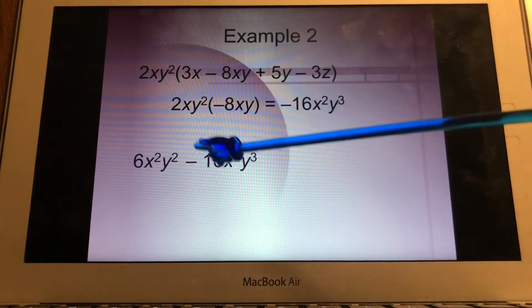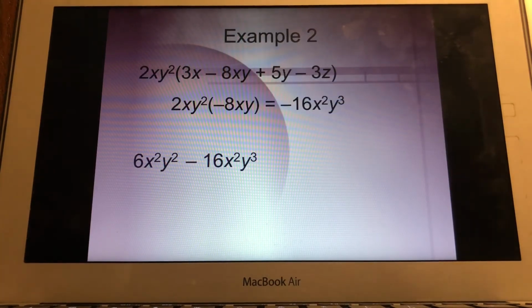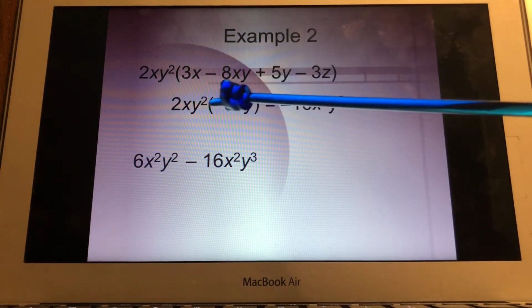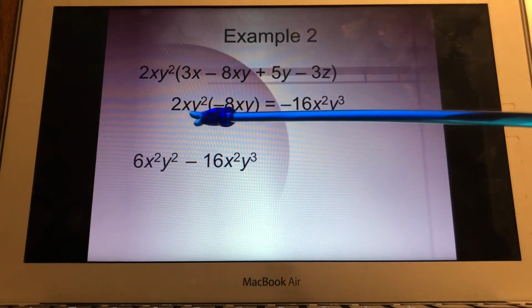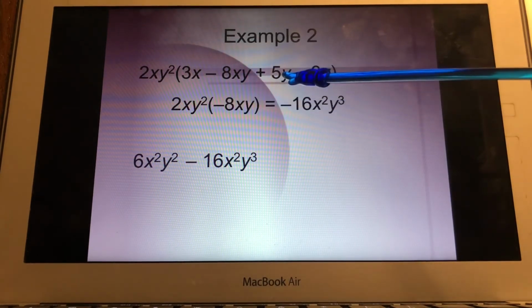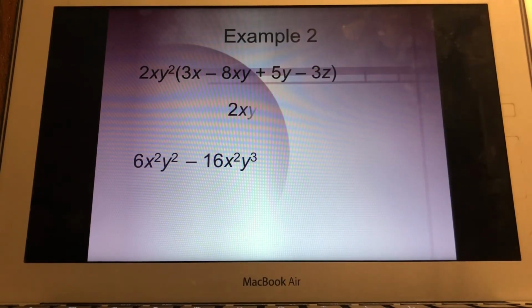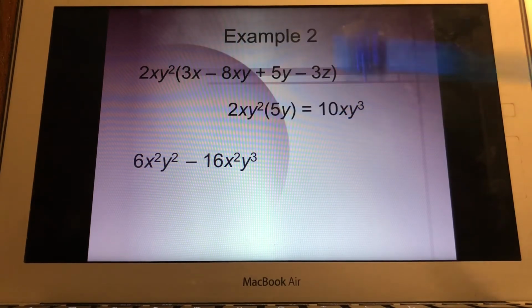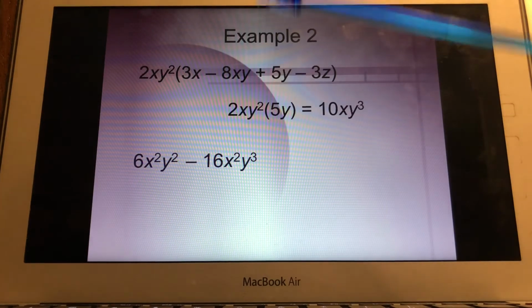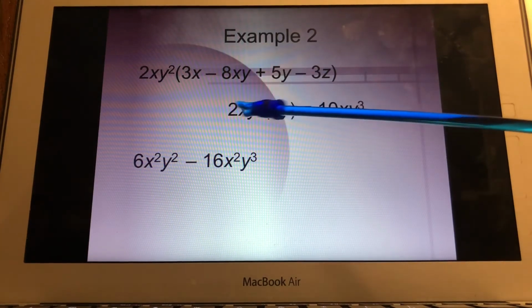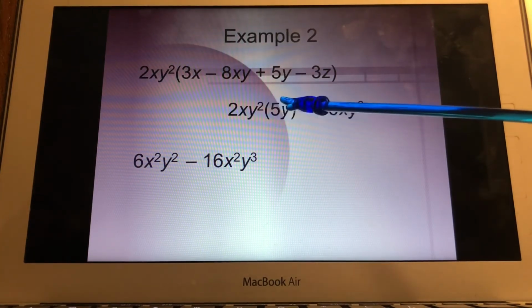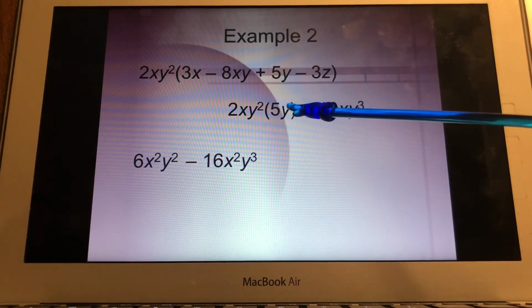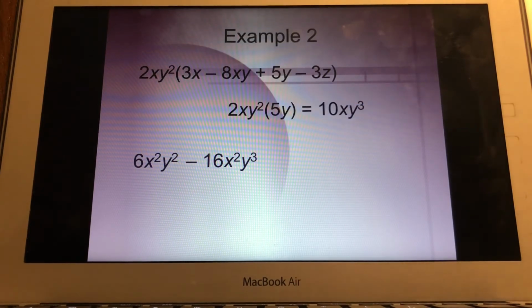So I'm putting that down here, and then I'm going to continue my polynomial answer. Then the next part, I have to multiply 2xy squared times 5y. Okay, and then that's going to give me 10xy cubed, because 2 times 5 is 10, x, and then y squared times y is y cubed.